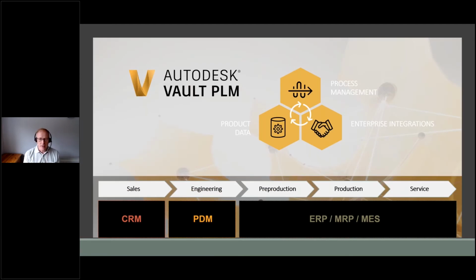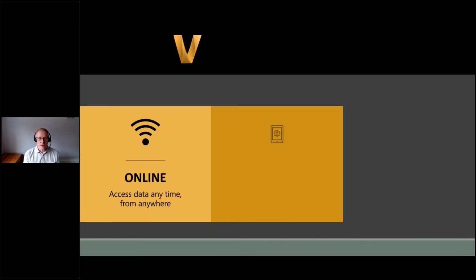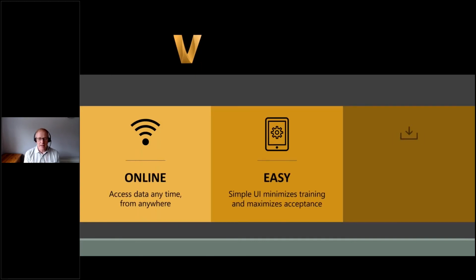So we talked a little about the different scenarios with product data, process management, enterprise integrations. So just to review, Autodesk Vault PLM is an online process. Your PLM runs completely in the cloud. You can access it anytime, anywhere from various devices. The user interface is a web browser, so you don't have any application to install.